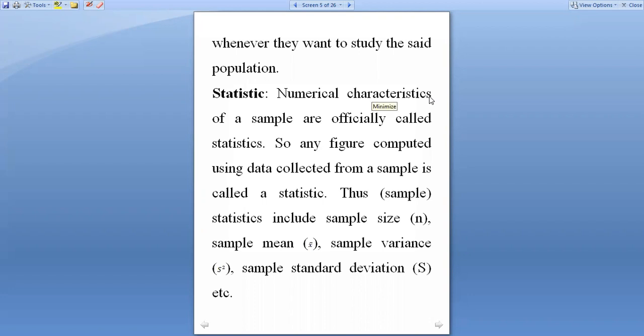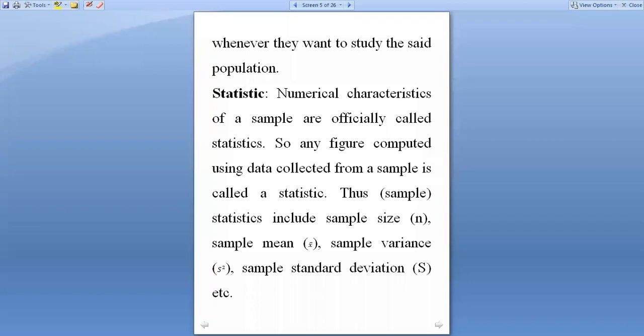You may look at the data on the table as statistics. But when it is one figure, it is called a statistic. You will see how we are going to keep on referring to them, and you'll be able to differentiate further between the two. Otherwise, let us continue.